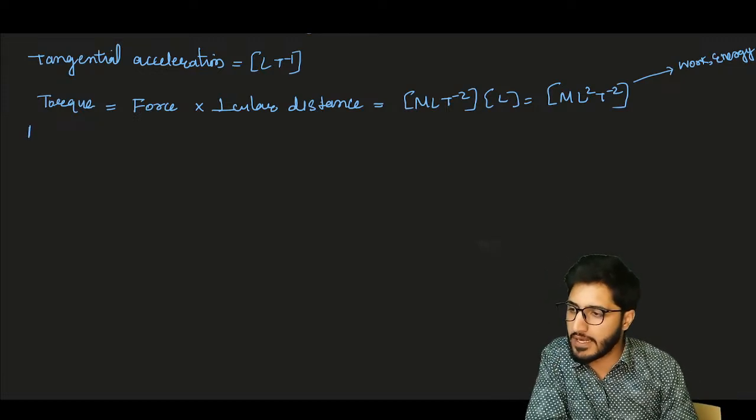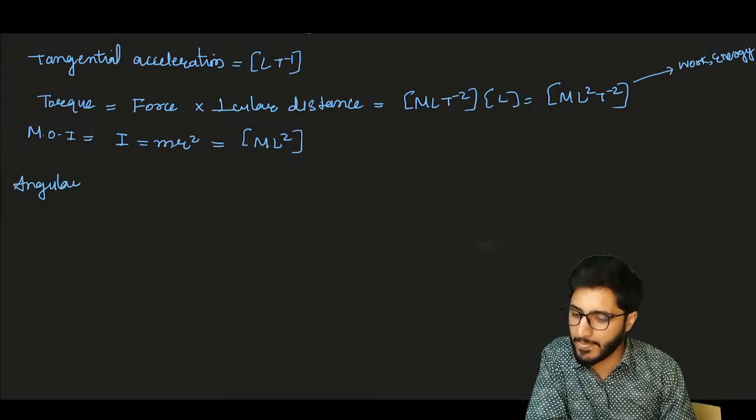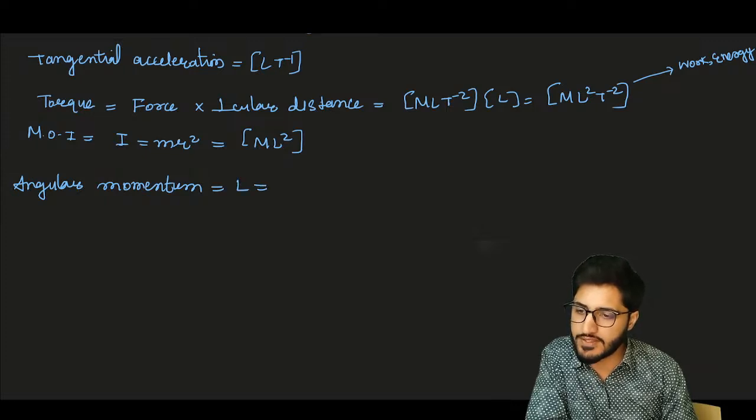We are having moment of inertia, I. Equation is mr square. M is mass. It is L square. So ML2. We are having angular momentum, L, which is mvr.